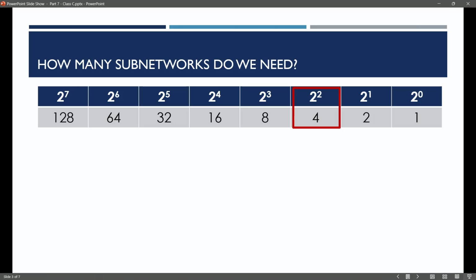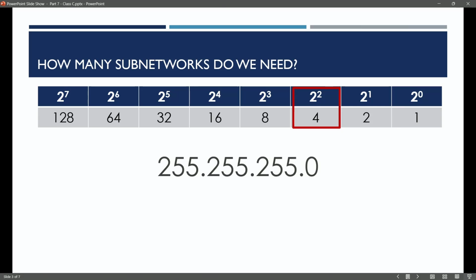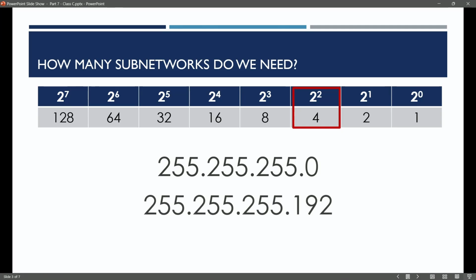So if we go ahead and borrow or steal 2 bits for subnetting, for creating subnetworks, we're going to be able to create 4 networks. So our mask was 255.255.255.0. We are now going to extend that mask by 2 bits, and that would be in decimal 128 plus 64. That's our 192.